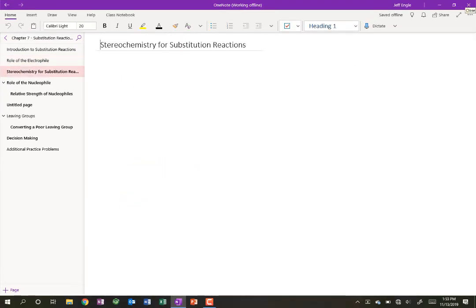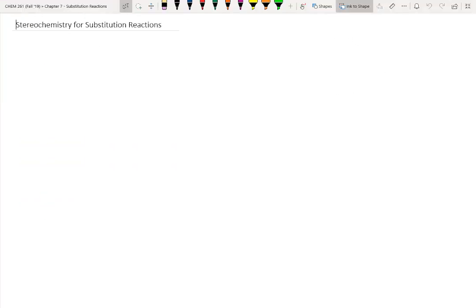Next one is stereochemistry. So let's, again, start with SN1 reactions. And I'm going to give you a molecule. Looks like this. All right.